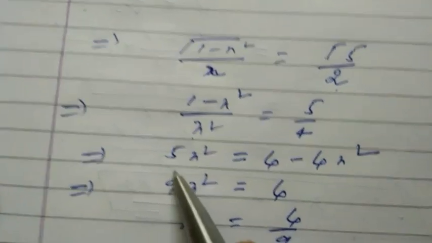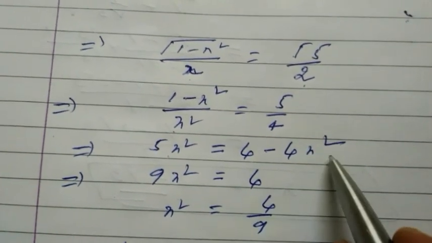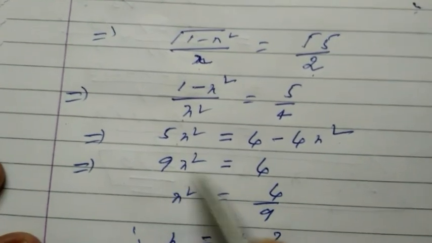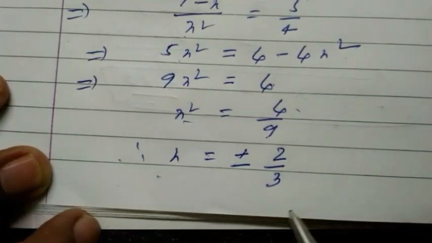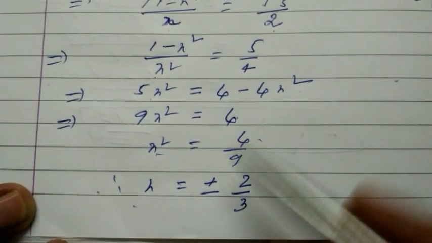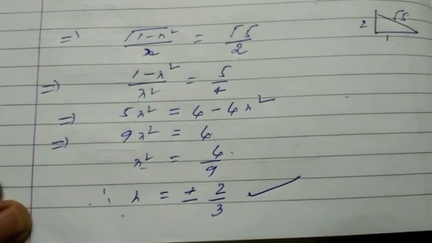So 4 minus 4x square is equal to 5x square, and that will be 9x square is equal to 4, so x square is equal to 4 by 9. Therefore x is equal to plus minus 2 by 3. We will go for verification also, and the value required will be taken for the answer.